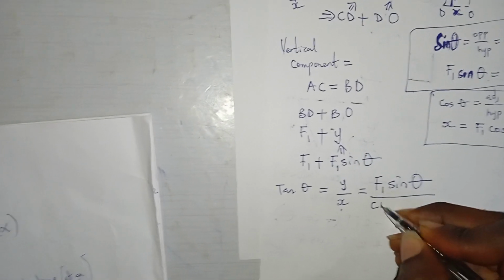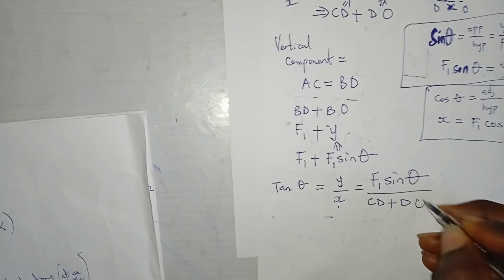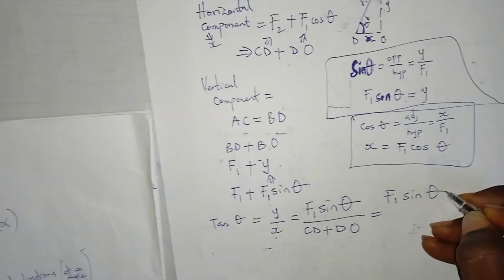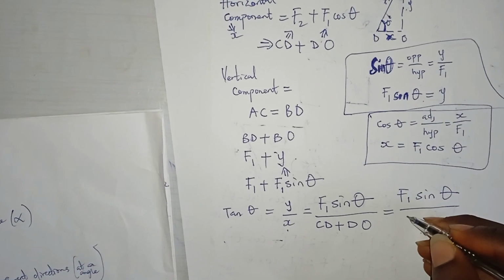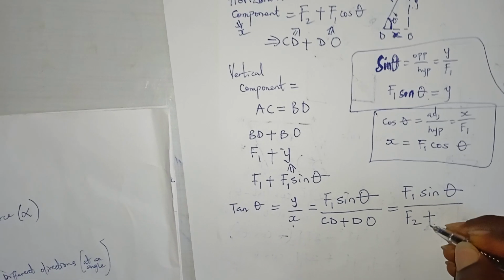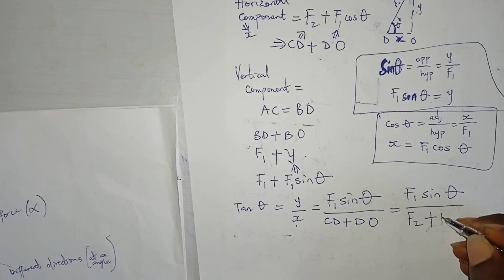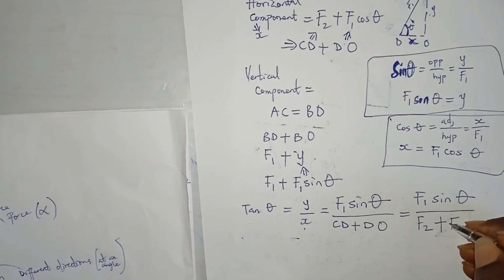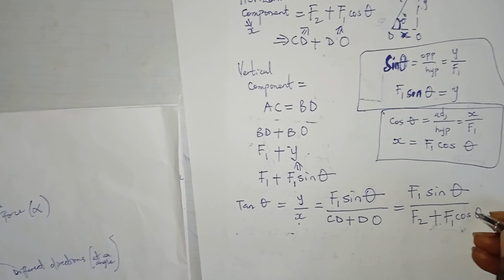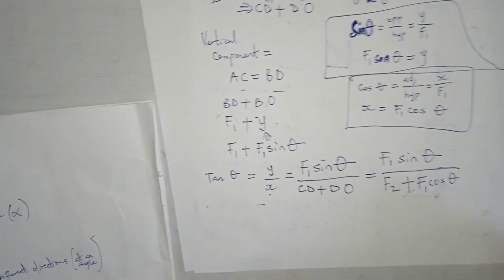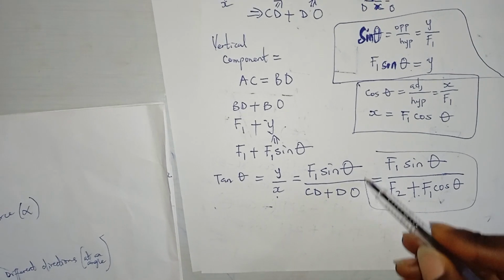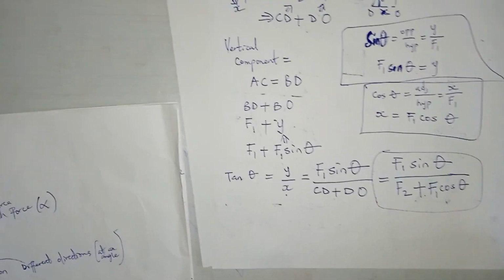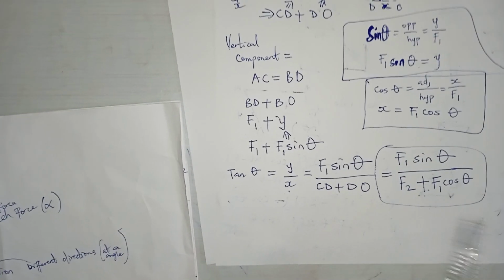So it's horizontal, CD plus DO, which is equal to F1 sine theta all over, CD has F2 there plus DO has x there, which is F1 cos theta. So anytime you are asked to find the angle between the resultant and each of the forces, or they tell you to find the acute angle between them, this is the formula to use.